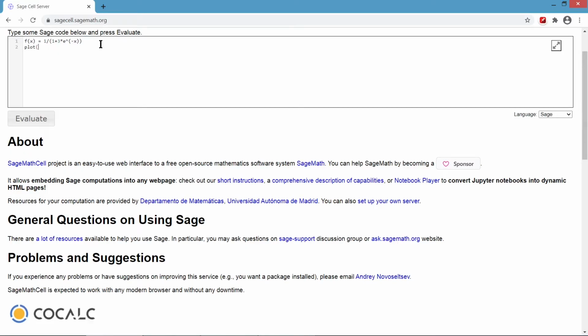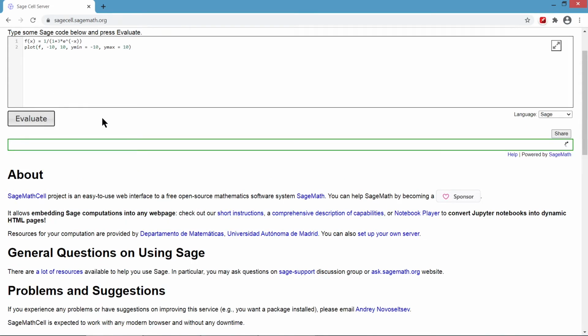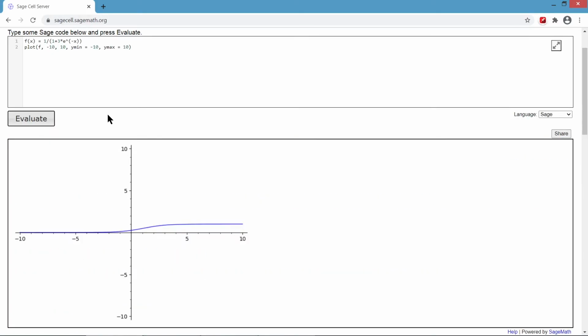Plot f comma x range we take from minus 10 to 10, y min equal to minus 10 and y max equal to 10. Evaluate. This is the graph of the solution.